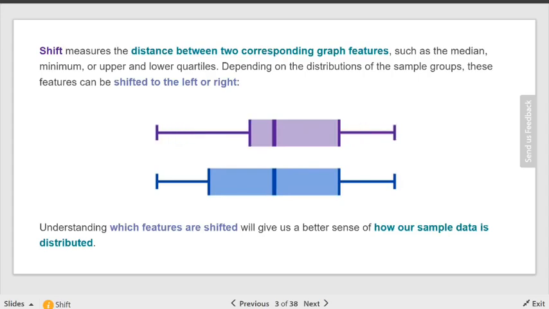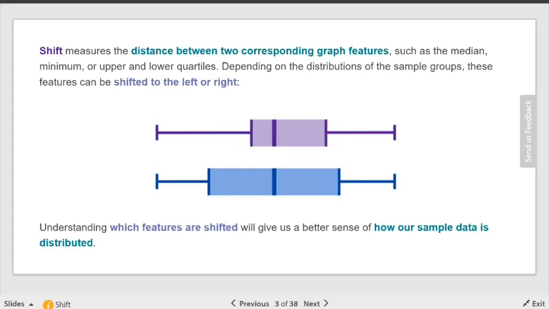So shift measures the distance between two corresponding graph features. So we're going to have exactly the same graph, and you're just talking about how they compare to each other. And you're going to be looking at the median, the minimum, the upper and lower quartiles, depending on how they're distributed. Shift can be either shift left or right. So you'll see they're having this purple one move all over the place, right?